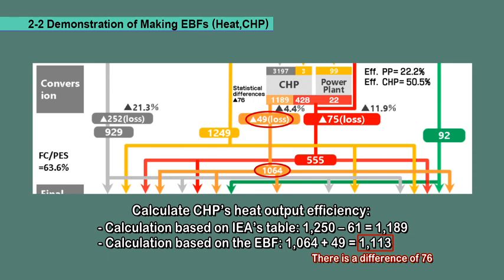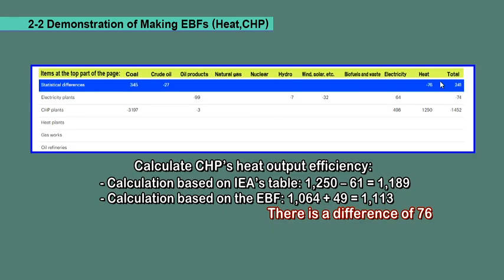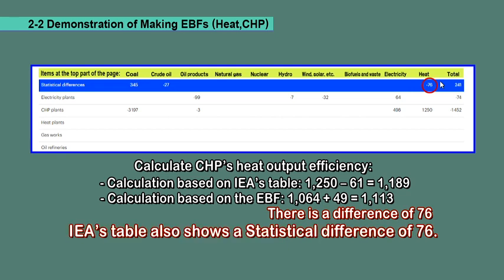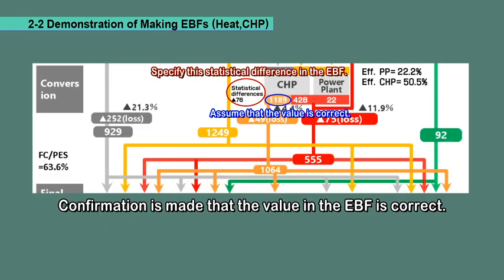The total is 1,113. It is different from 1,189 by 76. On the IEA table, the statistical difference of heat is shown as 76. That means that the statistical difference matches. The calculation for heat has been confirmed.